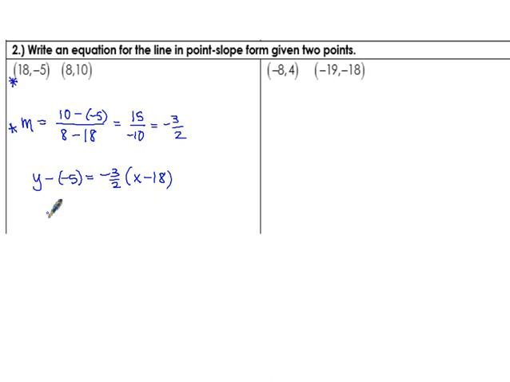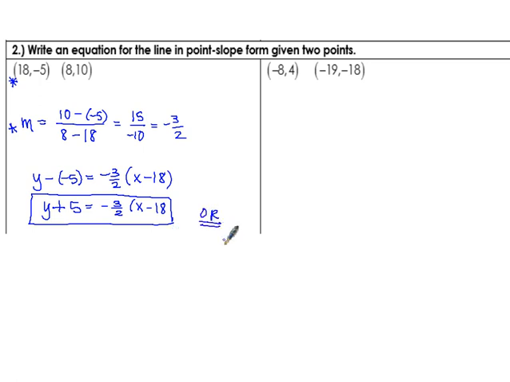So that means when I simplify one more time, y plus 5 is equal to negative 3/2 times the quantity x minus 18. That is one answer that I will accept along with Mrs. Sauer and Mr. Eqns.